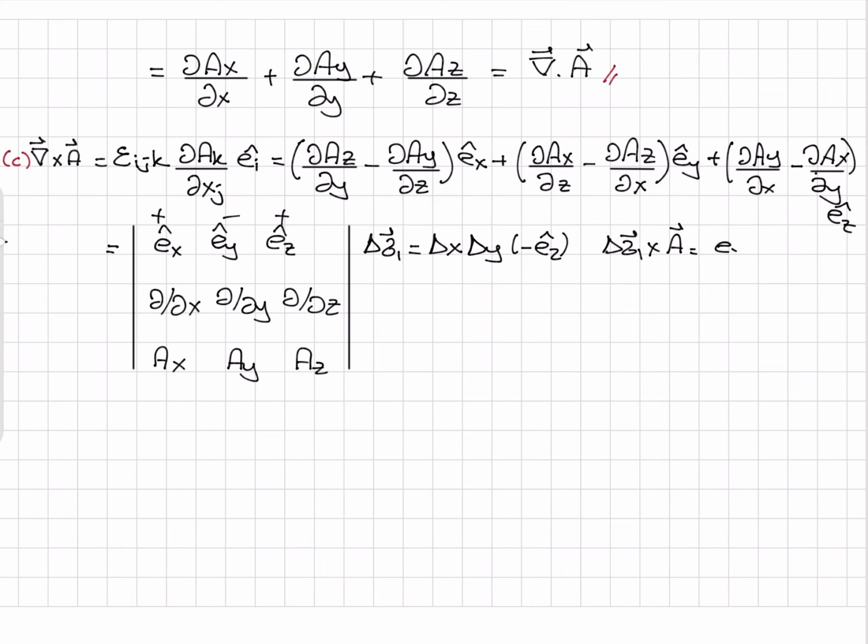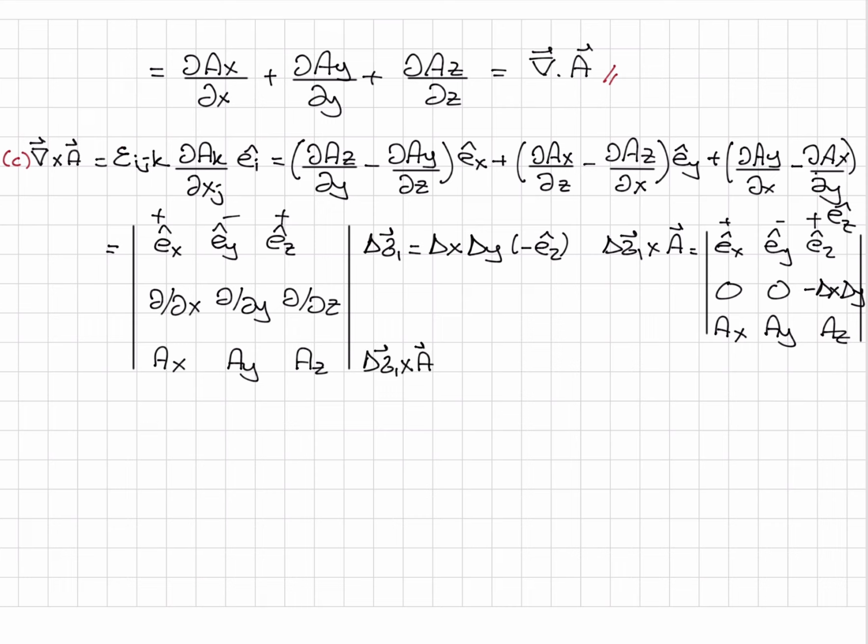Ex hat, ey hat, ez hat. Delta sigma 1 doesn't have an x and y component, it has a z component, minus delta x, delta y, and we have ax, ay, az. So we're taking this determinant. Plus, minus, plus.